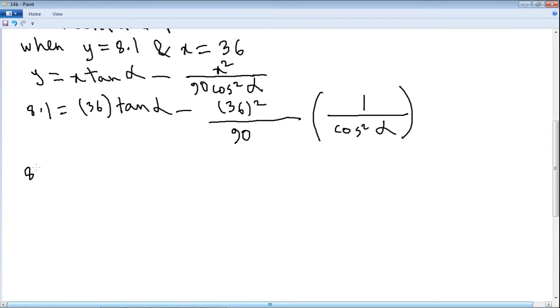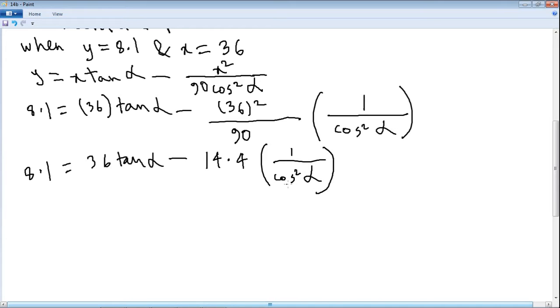Now let us simplify this further. 36 tan alpha, and if you calculate this one, this will come as 14.4, and this is 1 by cos squared alpha. Well, we get something like this.